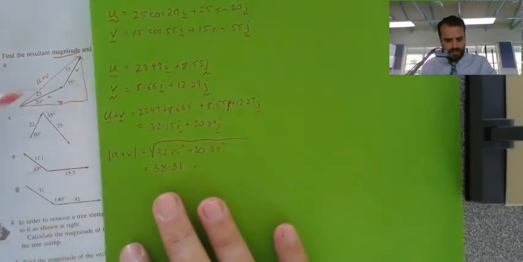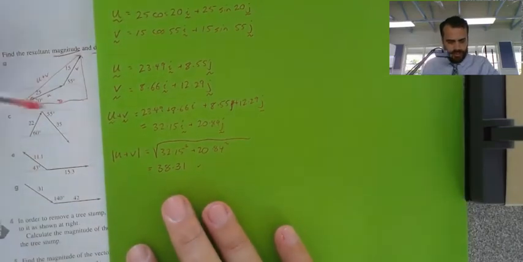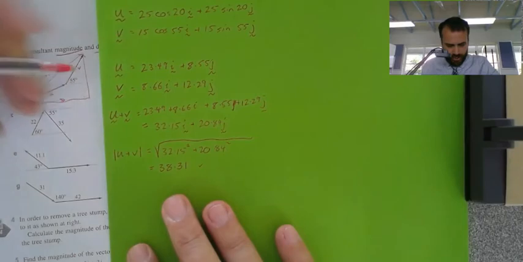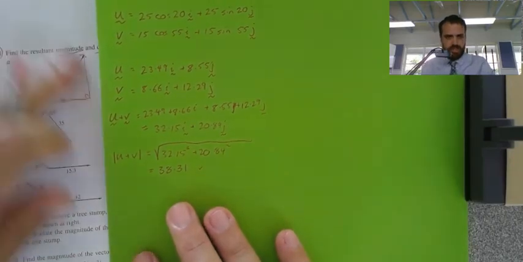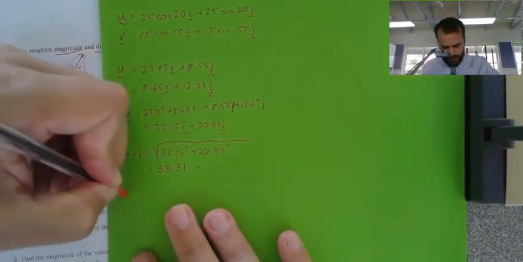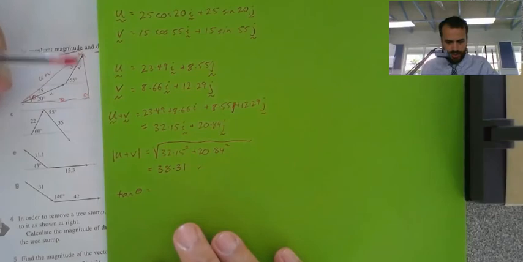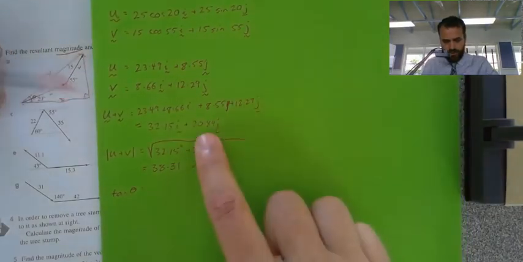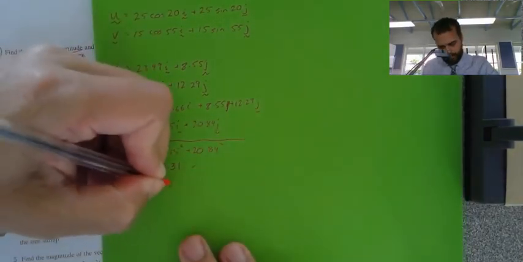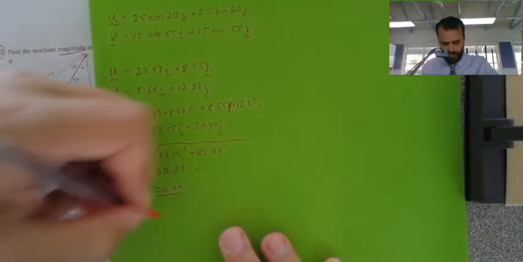Now the other one is going to be the direction. So this angle in here. So this is just a right angle triangle. This is just an application this time of trigonometry. So tan theta is equal to opposite over adjacent. So the j, which is 20.84, over 32.15.